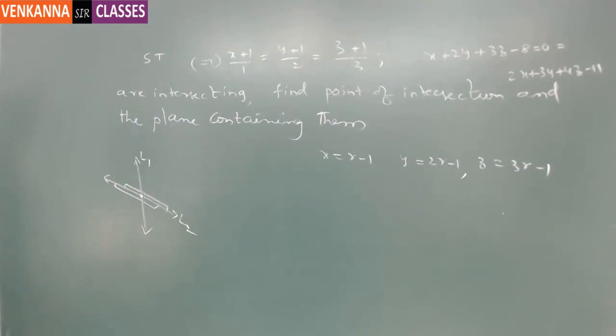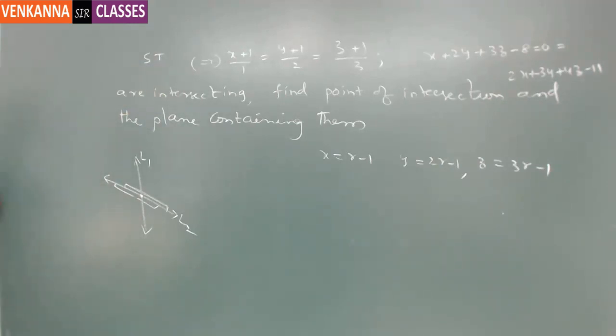So for different values of r, you are getting different points on line 1. For a particular value of r, the point belongs to the intersection. So if the point belongs to the second line, it means that the point belongs to both the lines, I mean both the planes.